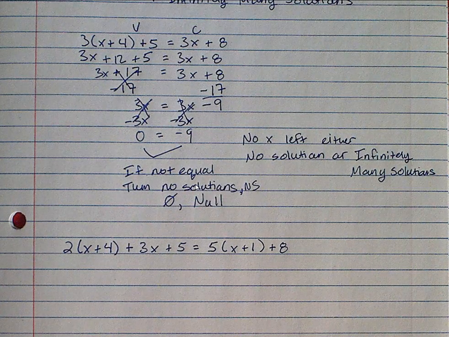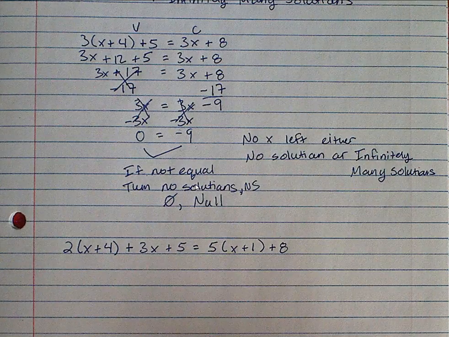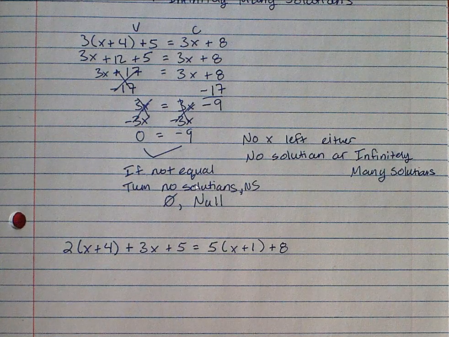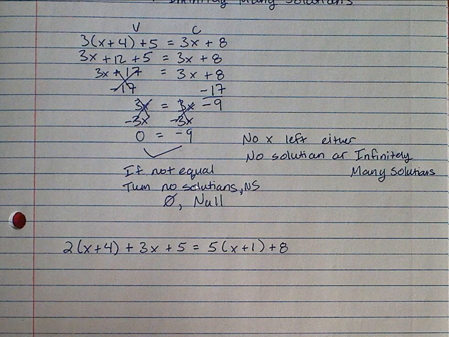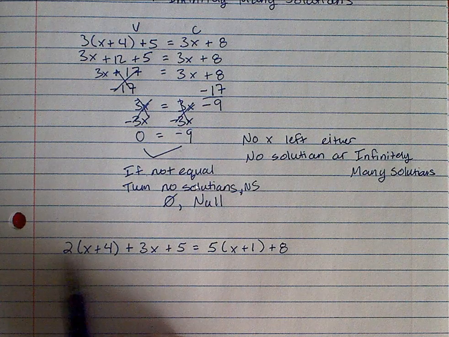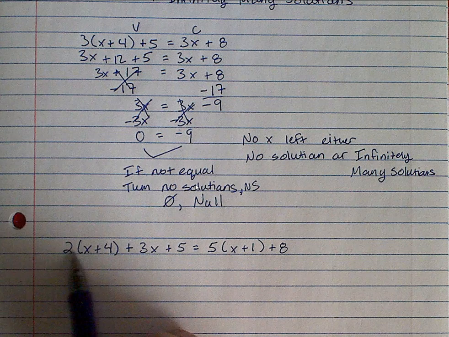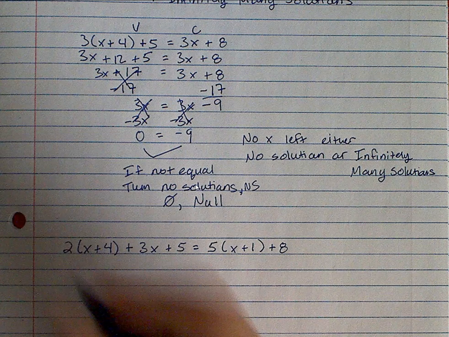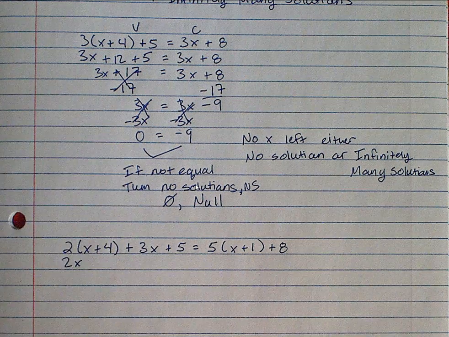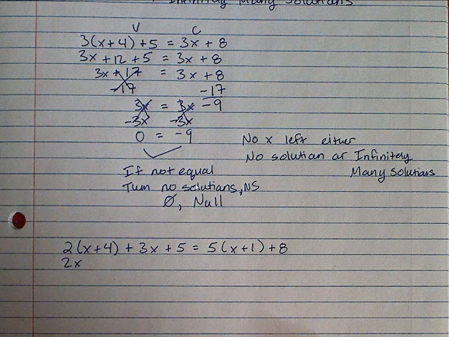Okay. So what do we do first, man? Multiply the parentheses. Okay. So yeah, you multiply the parentheses, fine. So what does that look like on the left-hand side? 2x plus 8. Great.